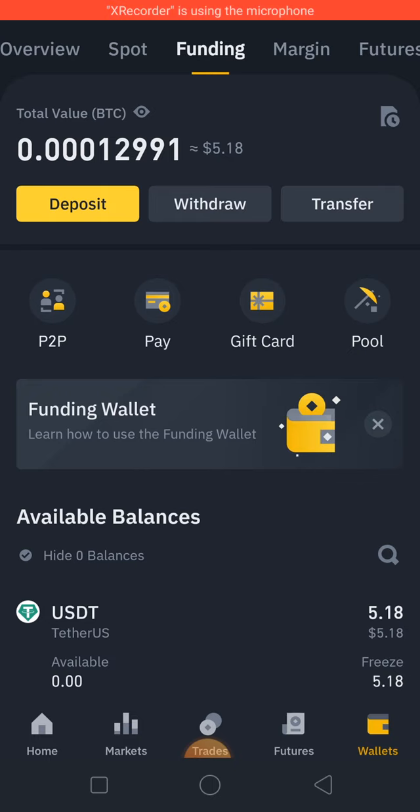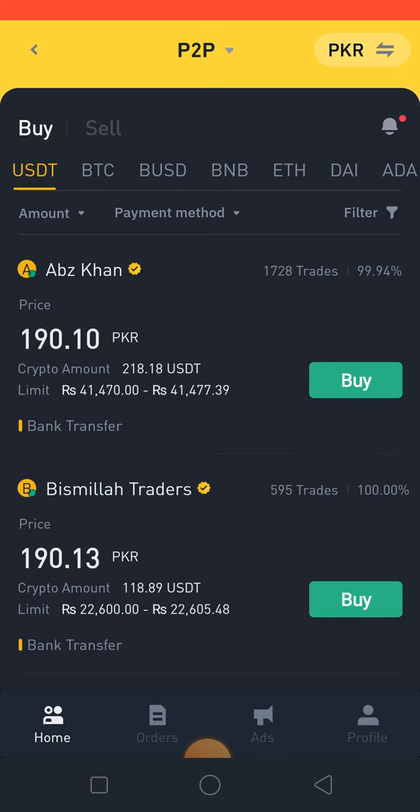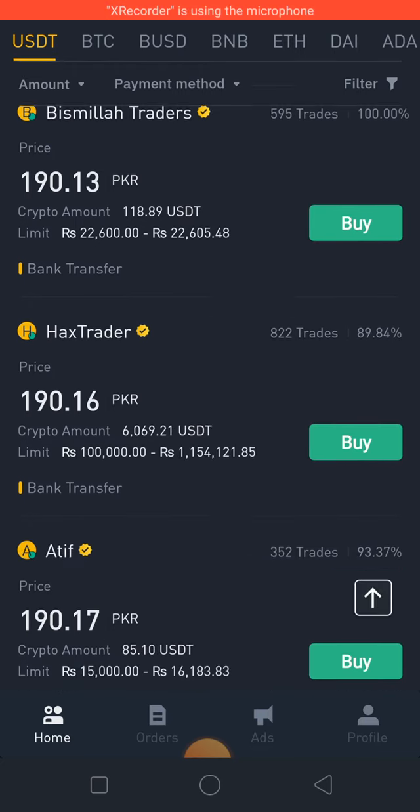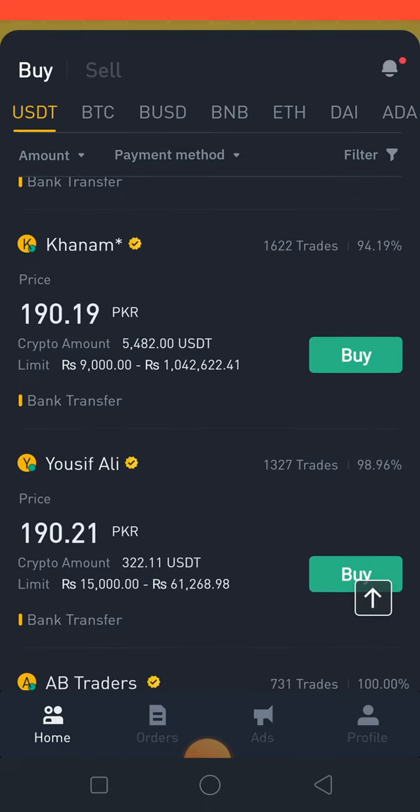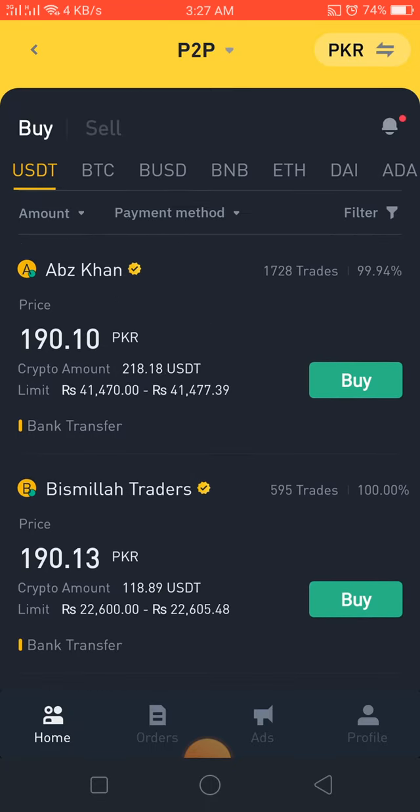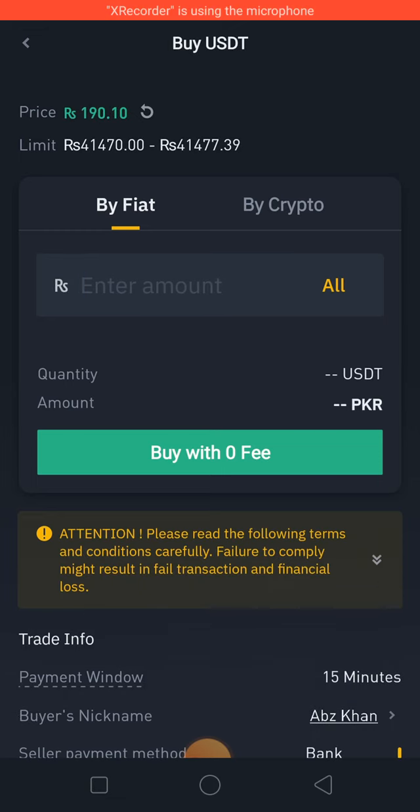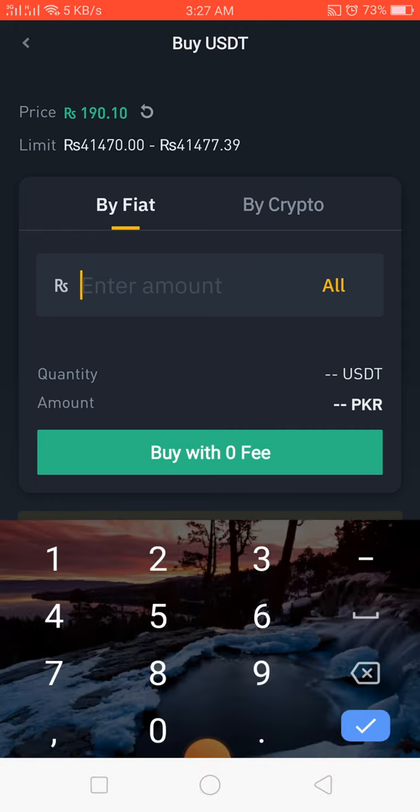Open this P2P, then you will see all the traders who are buying or selling the USDTs. They will be shown here. You have to click on buy and you have to enter the amount, how much USDT you want to buy.